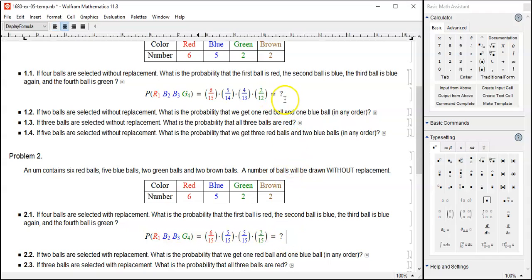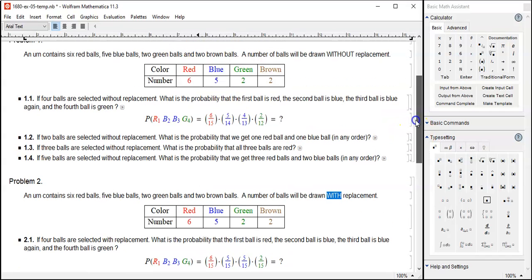See the difference here? Without replacement, we have a steady decrease. With replacement, no change. So if you do this kind of thing with replacement, then even with 15 balls, I can draw this 25 times. Without replacement, the maximum I can draw is 15 because I'm going to run out of balls.